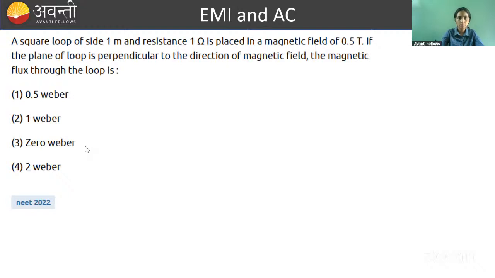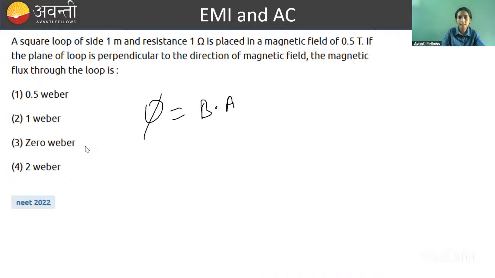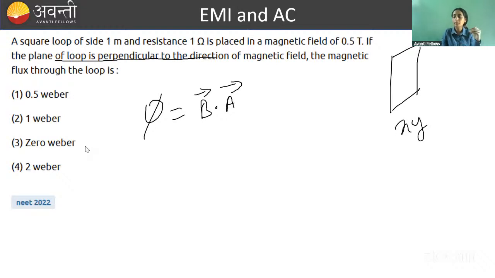Okay. This is wrong. Calculate the direction properly. What do you write flux as? You write B dot A. Okay? And here the plane of loop is perpendicular to the direction of magnetic field. Suppose this loop is in the XY plane. If the loop is in the XY plane, magnetic field is along minus K cap or plus K cap direction.